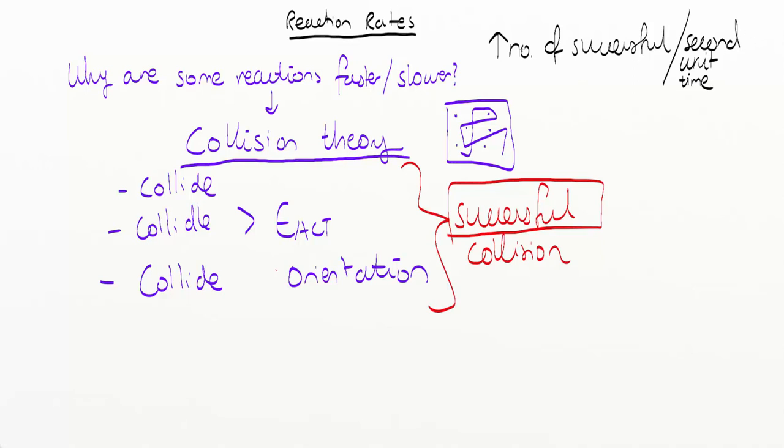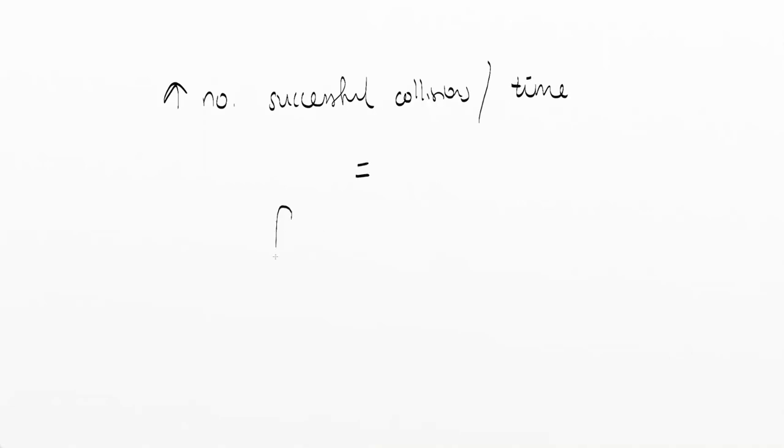But if we have a decrease in the number of successful collisions per unit time, then the reaction will be slower.